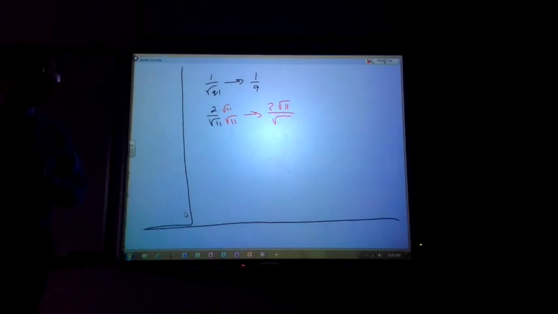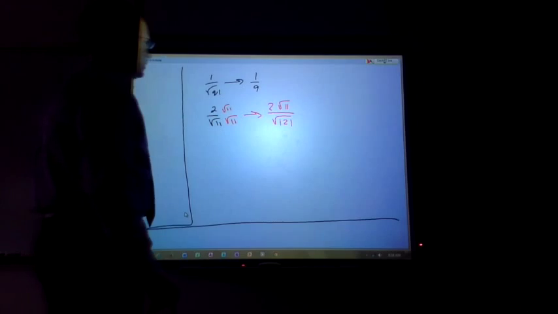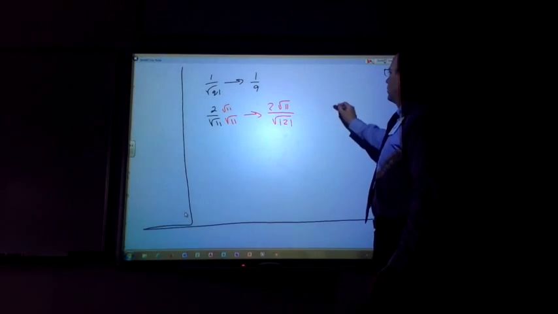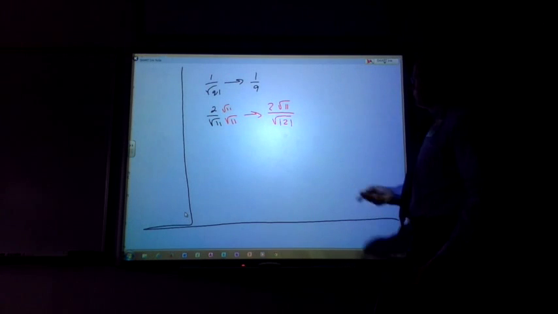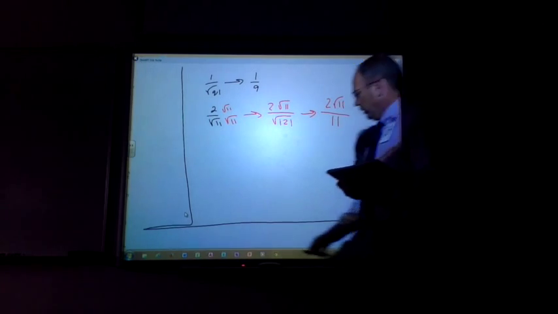What is the square root of 121? 11. There we go. So then we get 2 root 11 over 11. So if I multiply a radical by the exact same thing, that becomes the perfect square, which undoes it nicely. Okay?